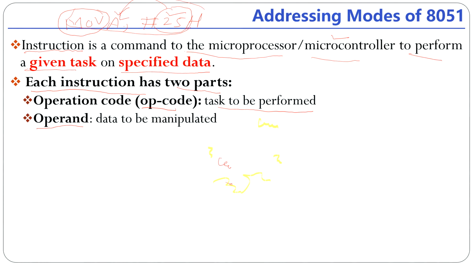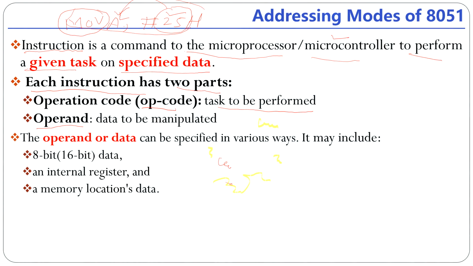Now we come to the operand or data, right, which can be specified in various ways. It may be included as 8-bit data or 16-bit data, and internal registers and memory locations.